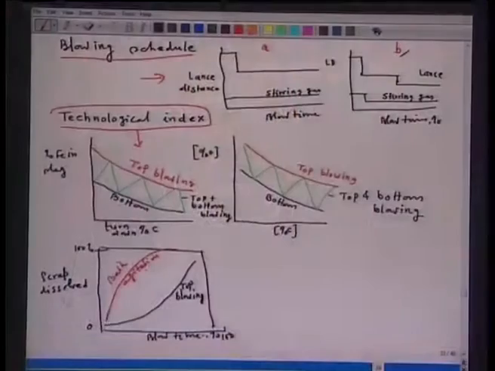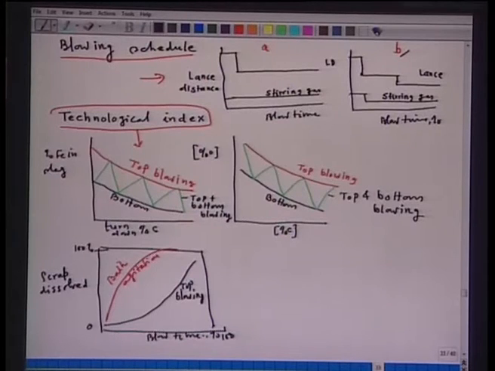Because of the poor stirring in the bath, the rate of dissolution of the scrap in top blowing is slower as compared to when the bath is highly agitated. When there is good stirring in the bath, the temperature equalization will be faster and the scrap dissolution will also be faster as compared to top blowing.